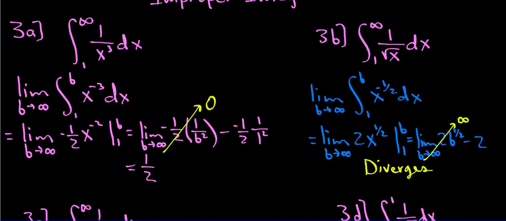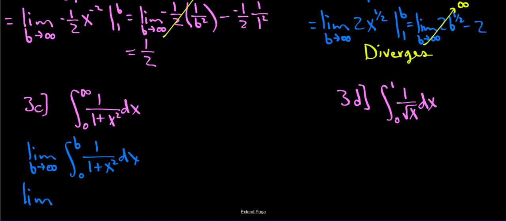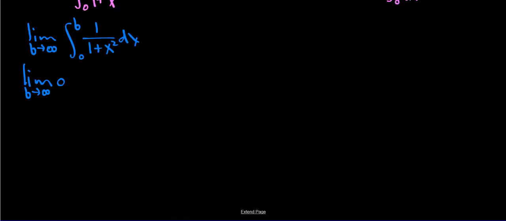Okay, here we go. We've got the limit as b goes to infinity of, from 0 to b, 1 over 1 plus x squared dx. Now that antiderivative is going to be arctan. So what we have here is the limit as b goes to infinity of arctan x.